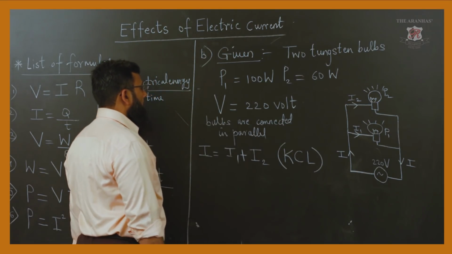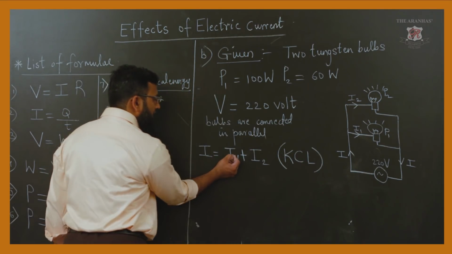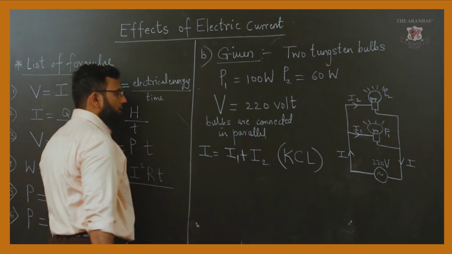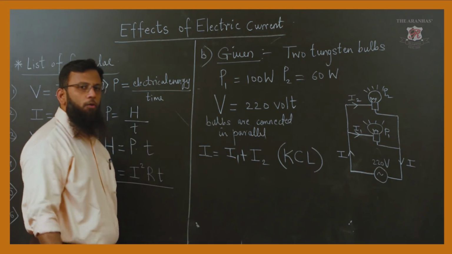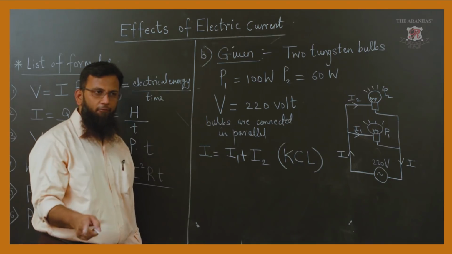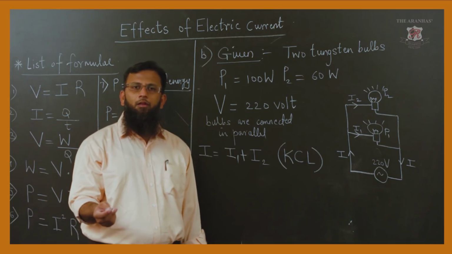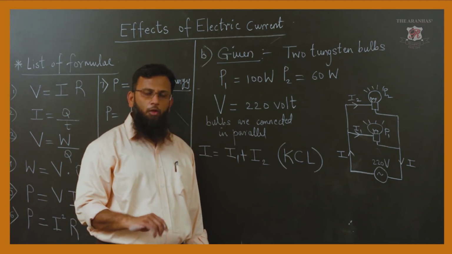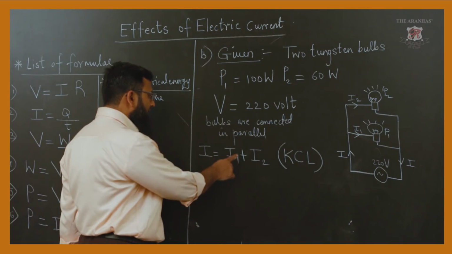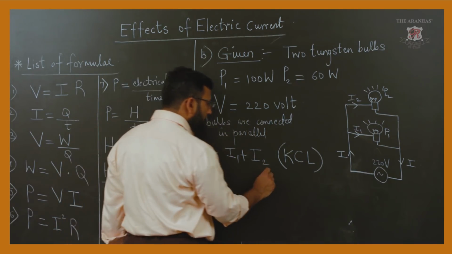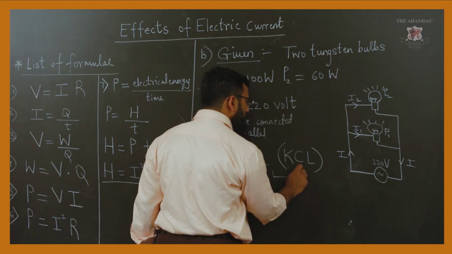Now, which formula is to be applied? So, let us find out first the values of I1, I2, either in formula or the numerical value, by solving individually and then adding at the end. I will call this equation number 1.